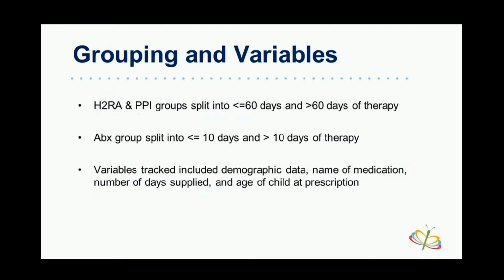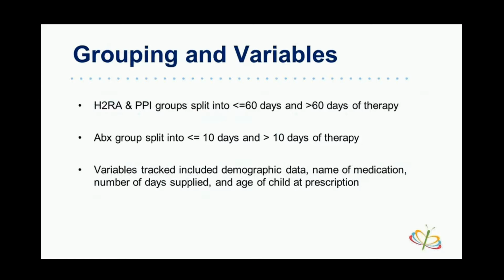So they did some limited grouping of these different categories. They split the histamine and the PPI groups into those who received therapy less than 60 days and greater than 60 days. Antibiotic groups were split into less than or equal to 10 and greater than 10.